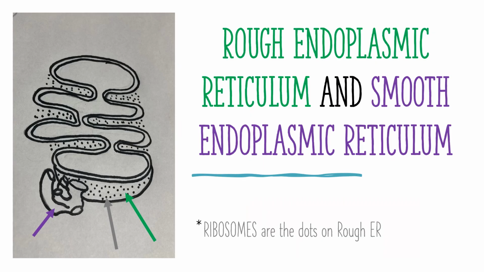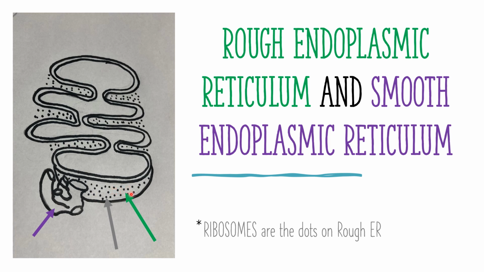Alright, for our next slide, it will be the rough endoplasmic reticulum and the smooth endoplasmic reticulum, or the rough ER and smooth ER. I labeled the arrows right here, green for the rough endoplasmic reticulum, to show you which one in the drawing is the rough. The rough endoplasmic reticulum is continuous with the nuclear envelope.